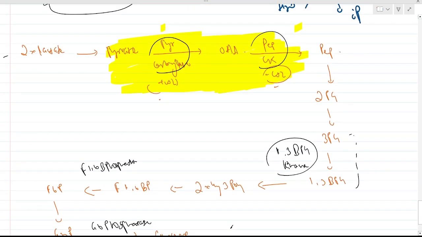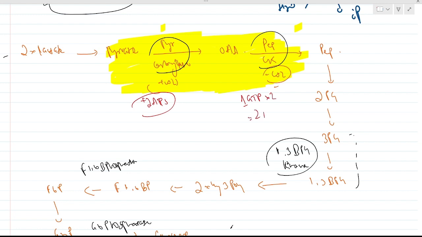Now the energetics. In the pyruvate carboxylase process, 2 ATPs are produced. Here in PEPCK, GTP is utilized, so 1 GTP is equal to 2 ATPs.